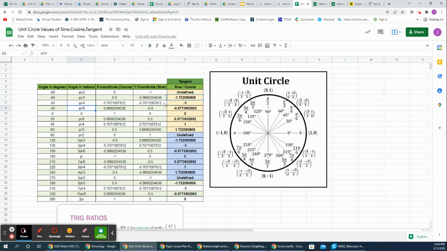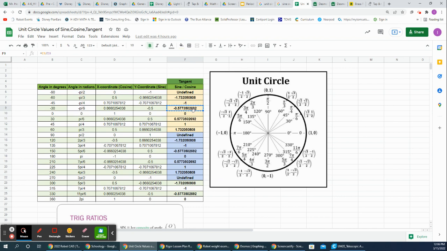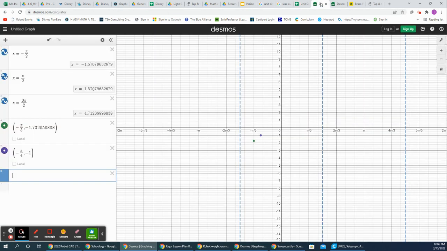Negative pi over 6. And I'm going to copy this value here. Negative pi over 6, and then paste that value. Okay, so we see something going on here.